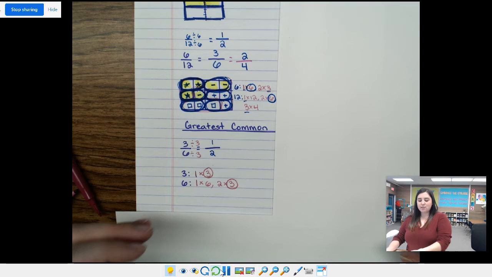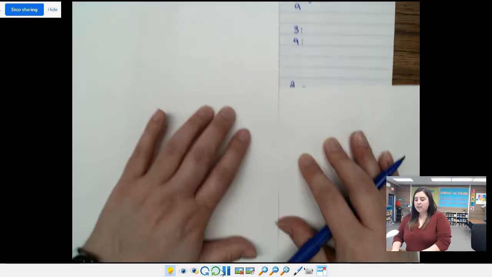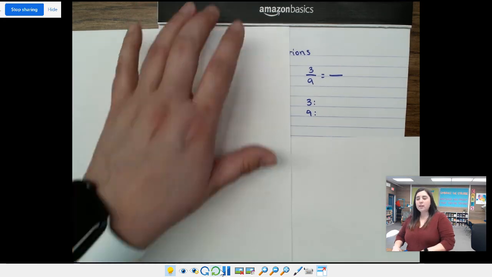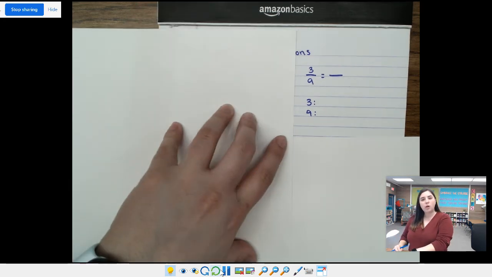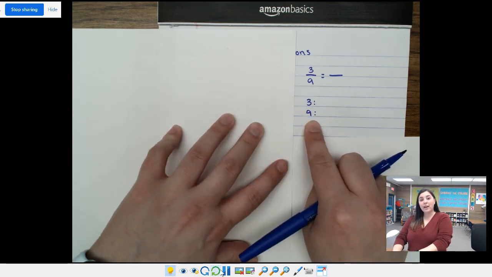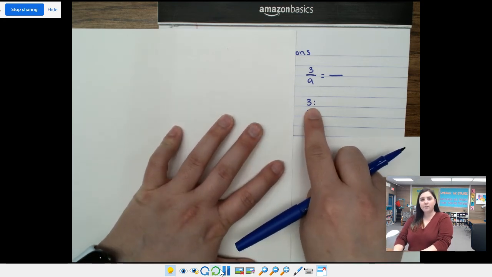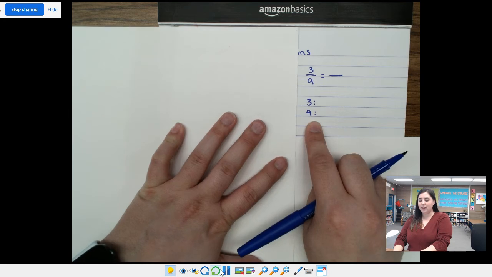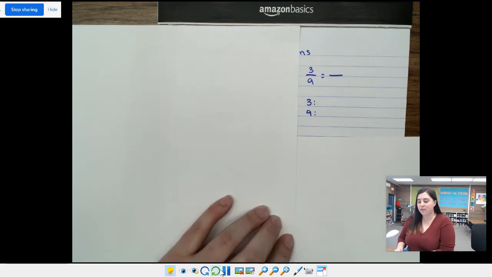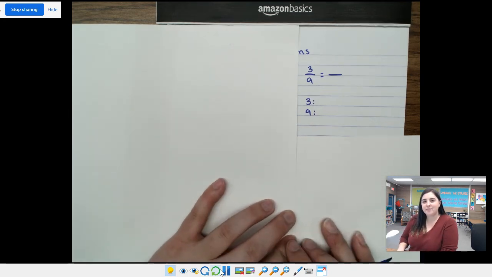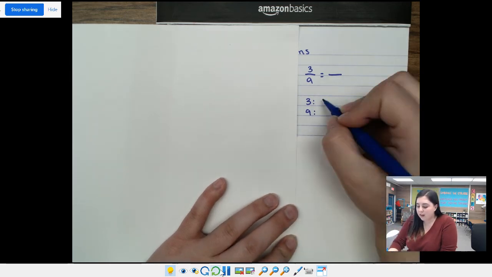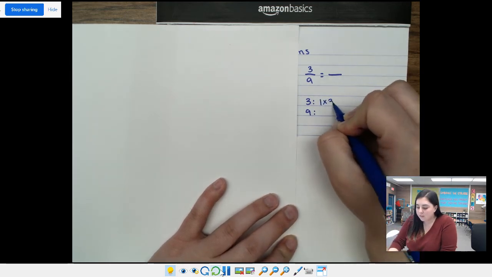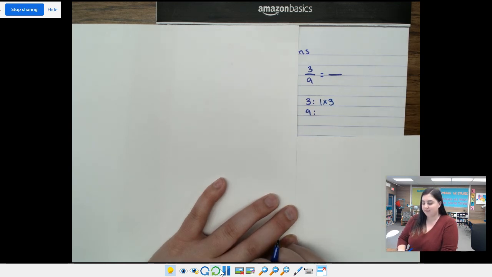Okay, this is a little complicated, so let's do some practice together. Let's start with 3/9. So on your whiteboard, I want you to write down the factors of 3 and the factors of 9. Pause now and do that. Okay, let's check. My factors of 3 I know are 1 times 3, and that's it.